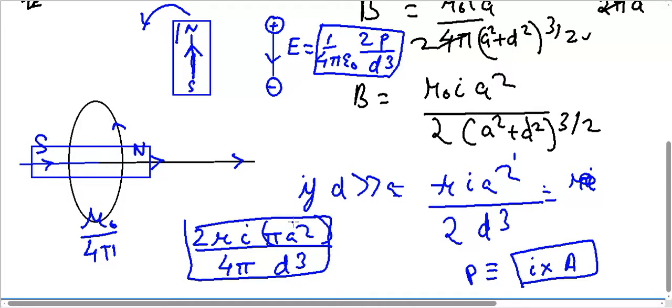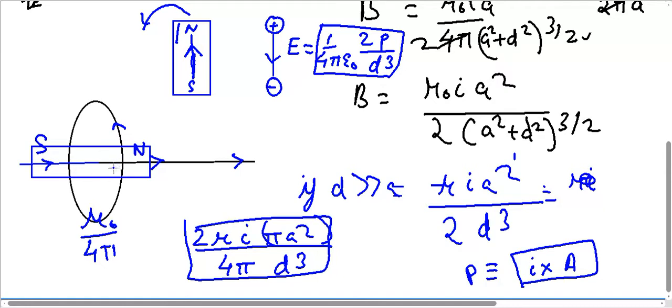So there are two ways of thinking that this circular loop acts as a dipole. One is if you compare the direction of magnetic field inside a bar magnet, you will find it similar.